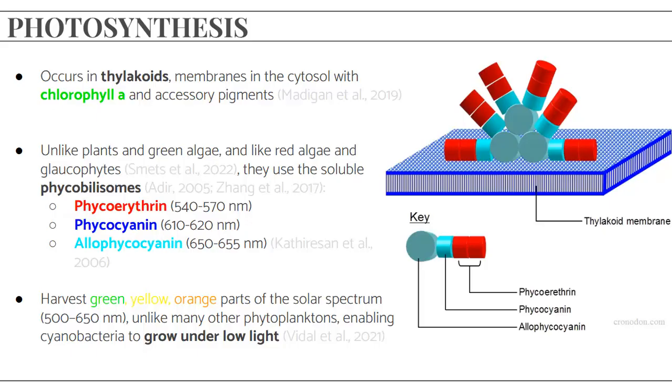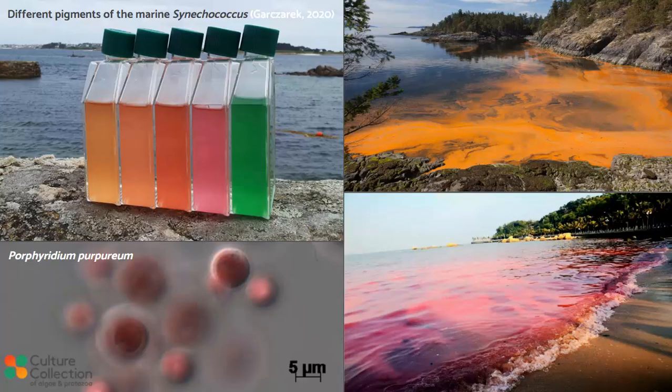Each one harvests a different part of the solar spectrum, but unlike many other phytoplankton, they enable cyanobacteria to grow under low light. We can see that they are capable of producing many colors due to the different ratio that they acclimatize with these pigments.